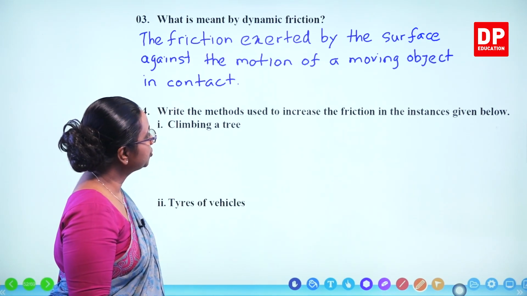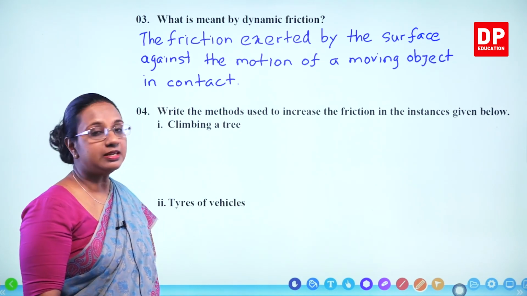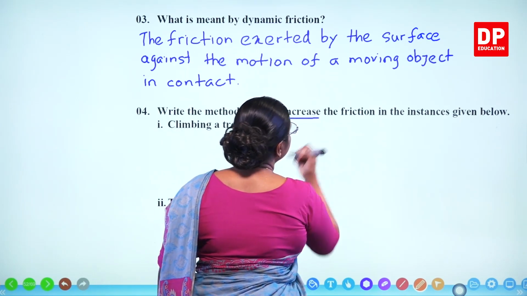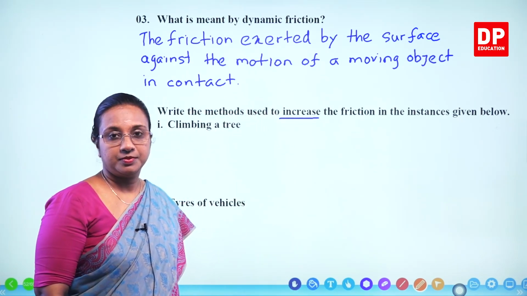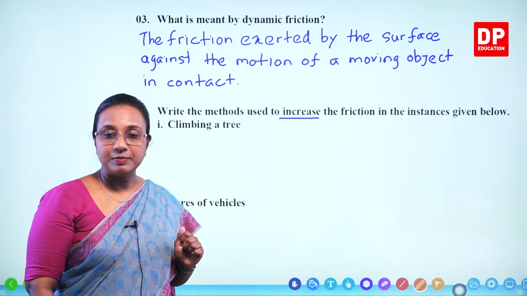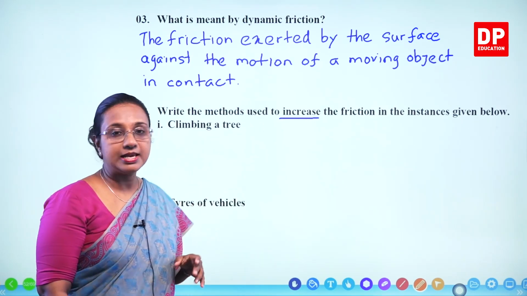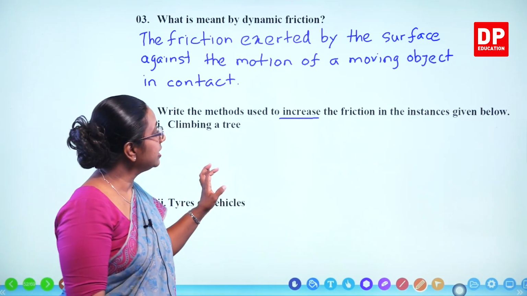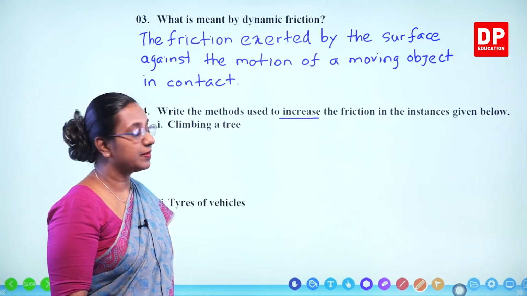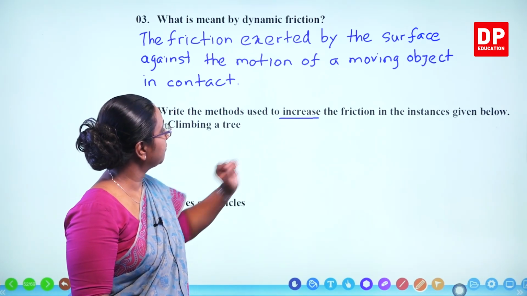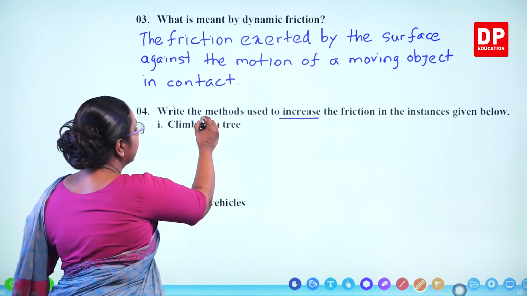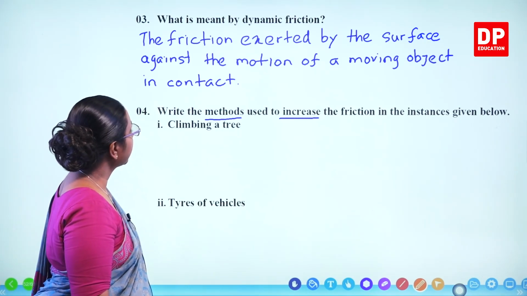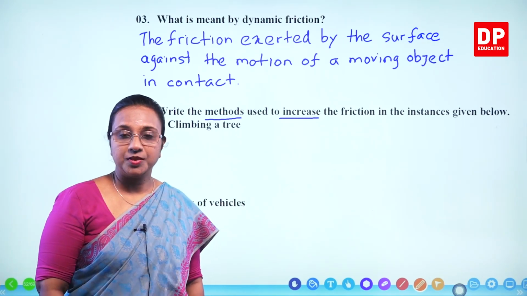Write the methods used to increase the friction in the instances given below. So here it is to increase the friction. Students, you have to remember when you read questions like these, especially related to friction, you have to understand what they mean from the question. Here you have to use the method that is used to increase friction. First instance is climbing a tree.